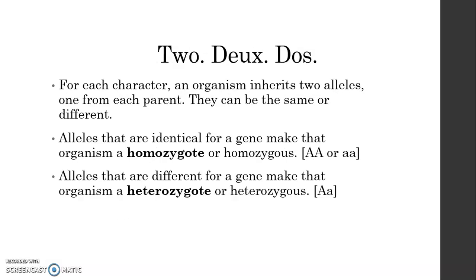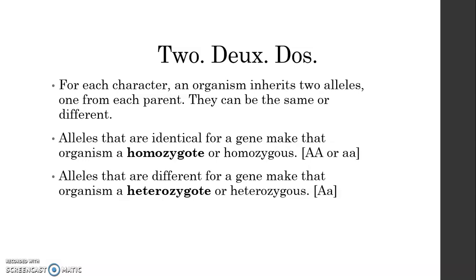Now going back for just a second to homozygotes and heterozygotes. These are always kind of hard for me to explain. It's not like you're going to be homozygous for every single trait that you have, and you're not going to be heterozygous for every single trait either. So you might be homozygous for eye color.